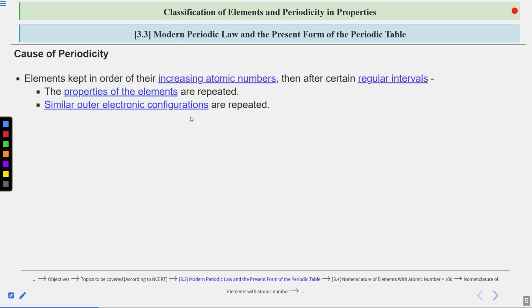It was seen that if you keep your elements in increasing order of atomic number rather than atomic weight, then there was a pattern: repetition of the properties of the elements after regular intervals, and second, similar outer electronic configuration.